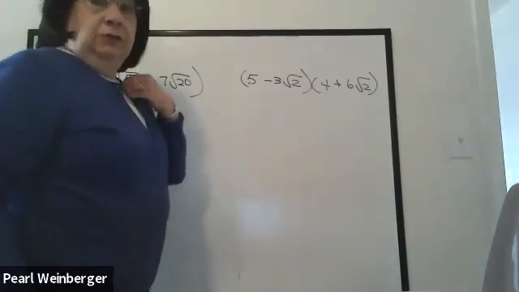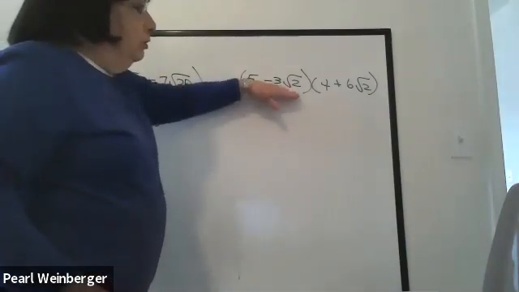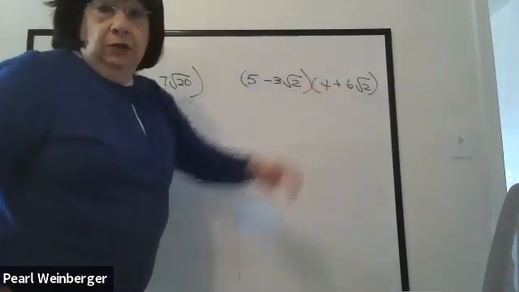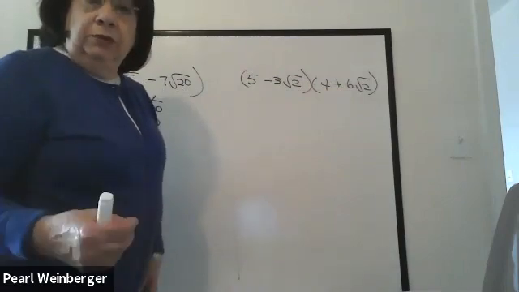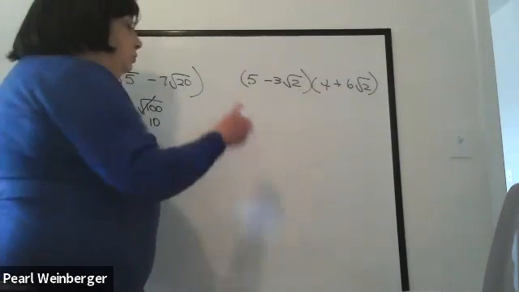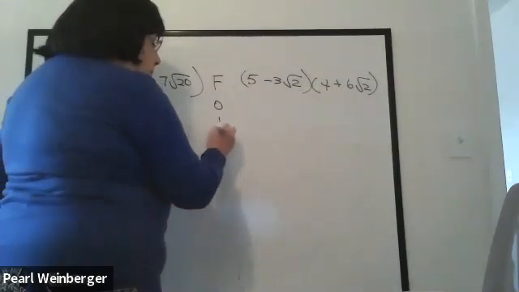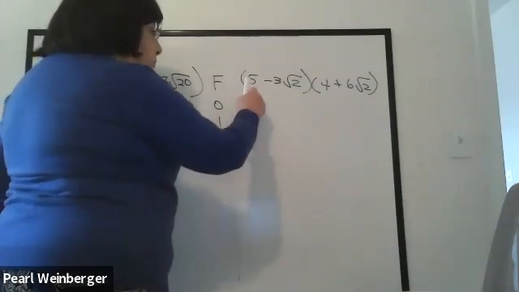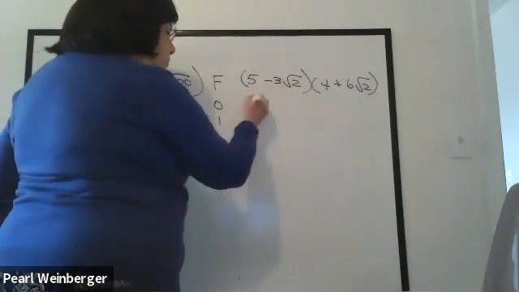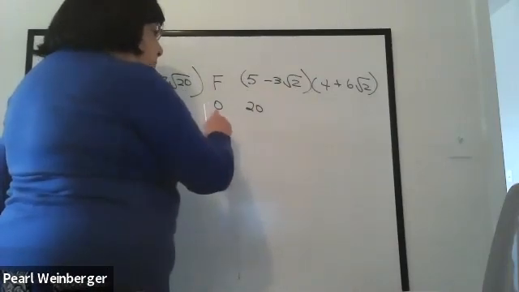In this case, we still could multiply them because this is one binomial times another binomial. And we know when we're multiplying binomials, we have to use FOIL. So we're going to do FOIL: first, outer, inner, last. First would be the 5 times the 4, which is 20. O would be the outer.